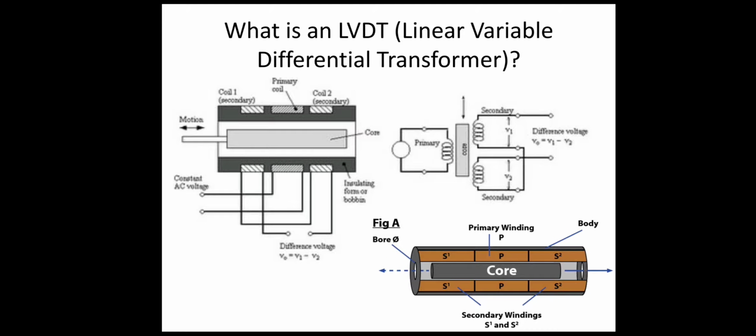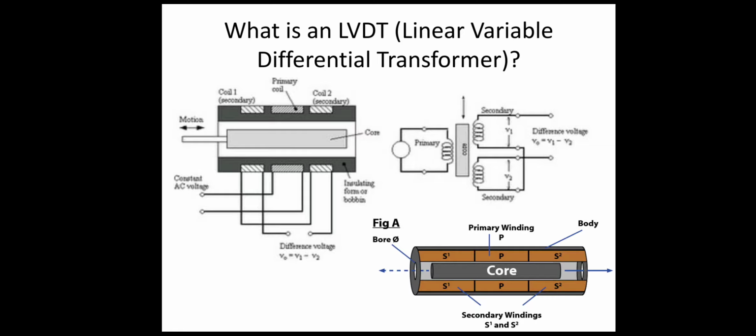It consists of a primary winding and two identical secondary windings of a transformer wound over a tubular former, and a ferromagnetic core of nickel iron alloy moves through the former.